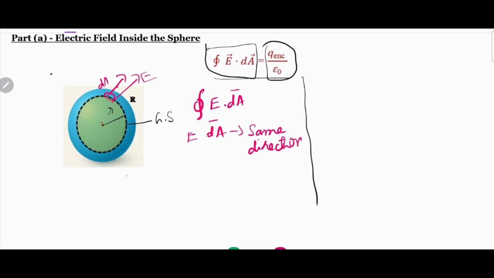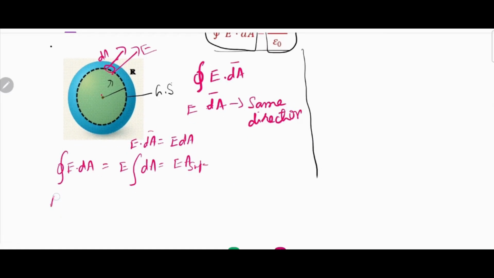So we can write E vector dot dA vector is equal to E into dA. We can exclude the dot. Now the integral E dot dA becomes E outside of the integral, E times integral dA. So it is nothing but E into A surface. What is A surface?